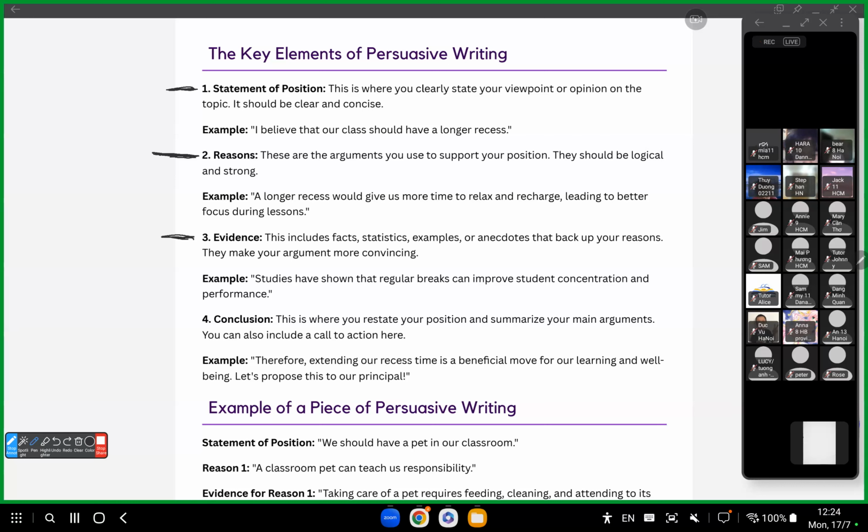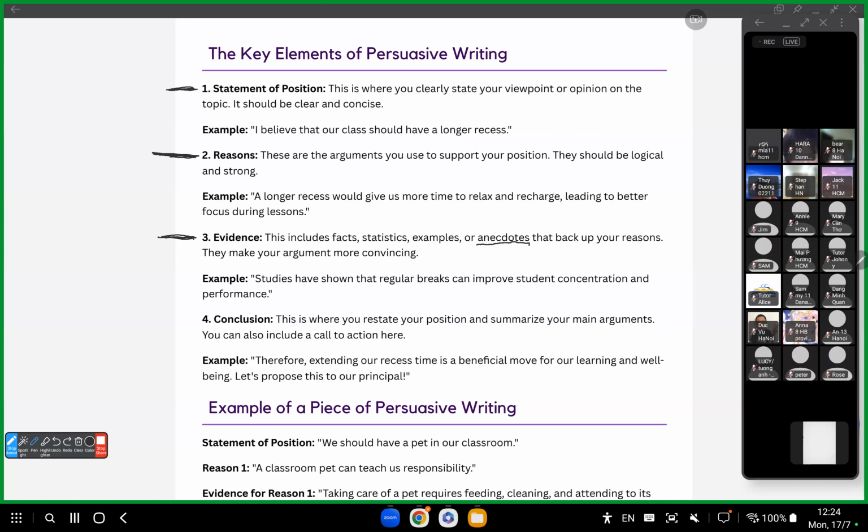So number three, we have evidence. So this can include facts, statistics, examples, or anecdotes. And anecdotes, that's just a word that means personal stories.